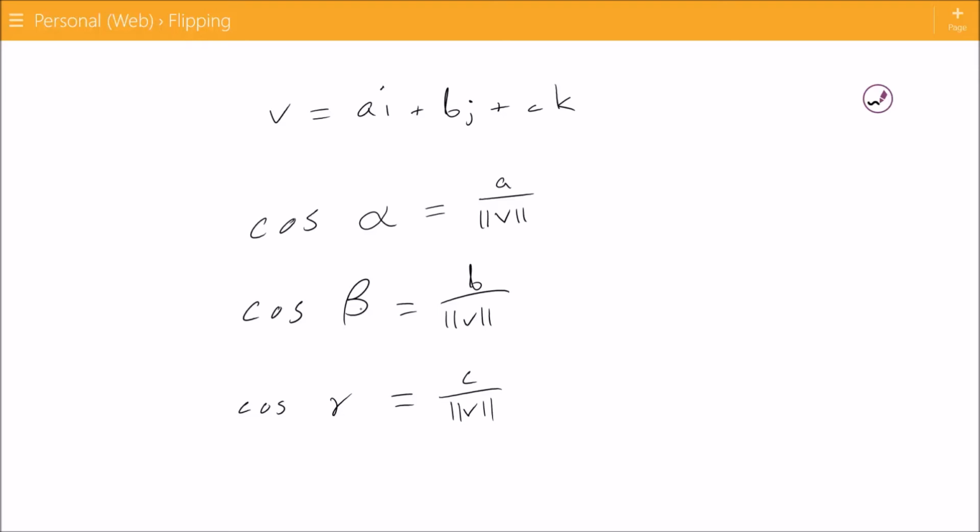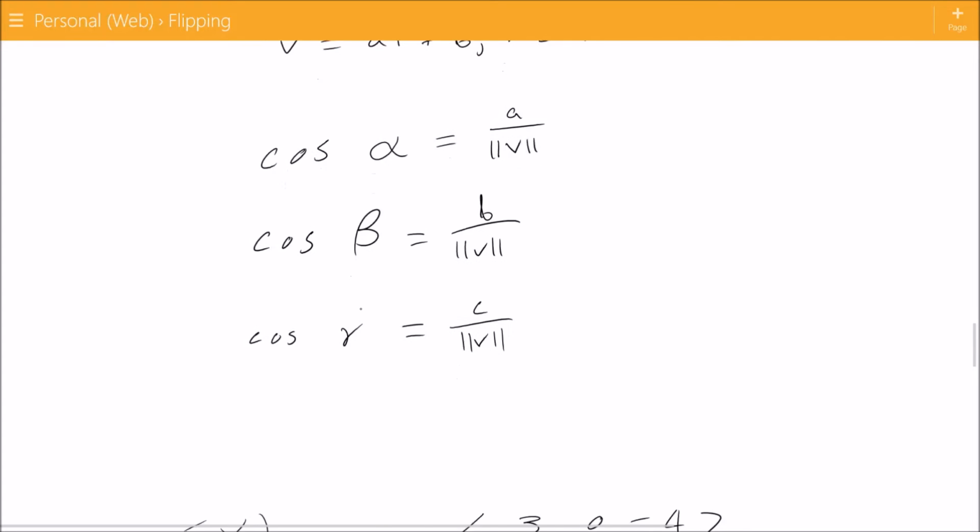So if I want to find the angle from the positive x-axis, a is my horizontal, and a over the magnitude of v is the cosine of alpha. Once we've got the cosine, we can find the inverse cosine. It's really cake. This should be almost identical in your notes. Let's go ahead and start applying it.